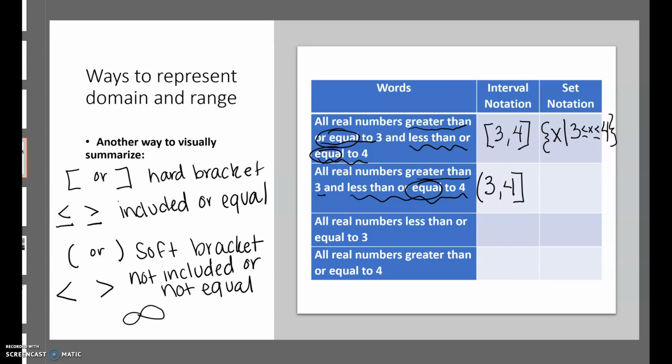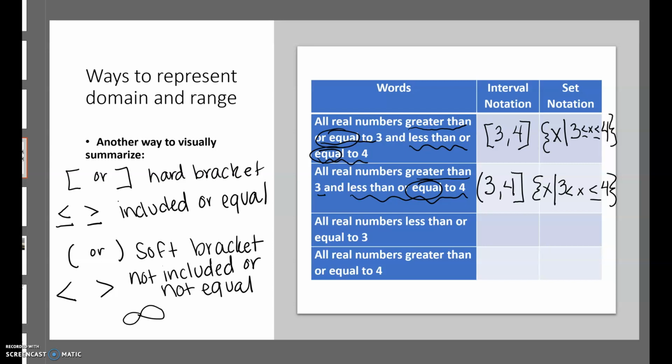And then set notation, we're looking at the same setup. X is an element of, and then we're still at 3 and 4. It's still less than or equal to 4, but it's only greater than 3, so no line underneath.